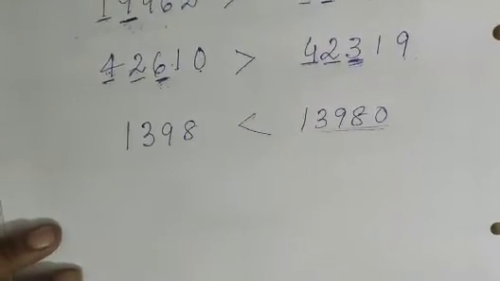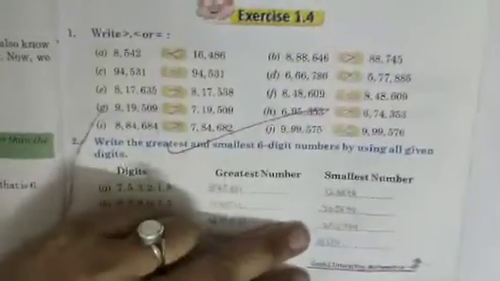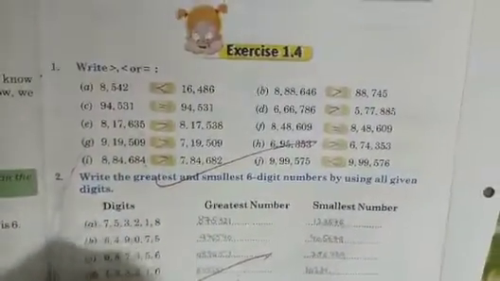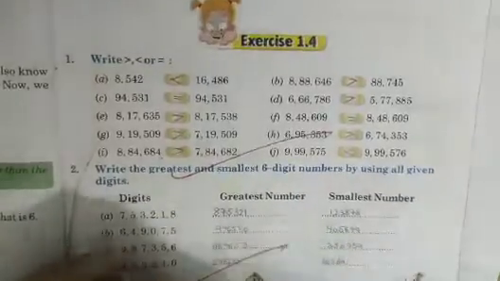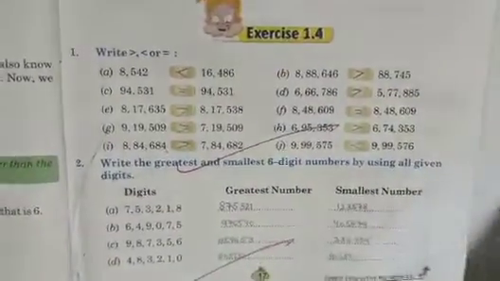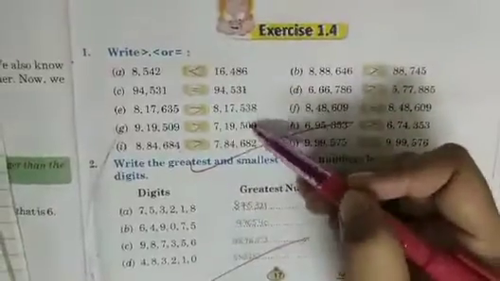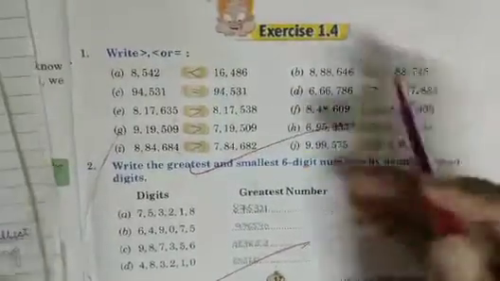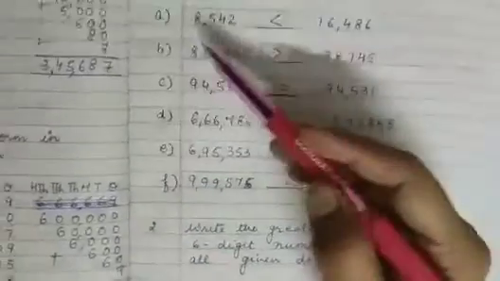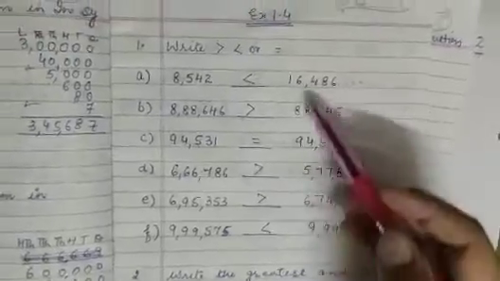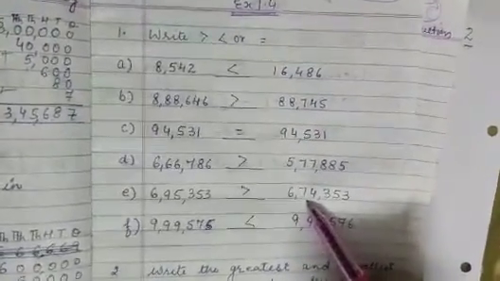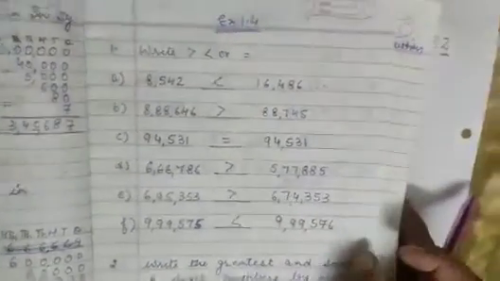So we'll start with exercise 1.4, question number 1, that is write greater than, smaller than, or equal to. There are 10 questions. I have done 5 or 6 questions in my notebook, so the same 6 questions you will do in the notebook and the rest of the questions you will revise.